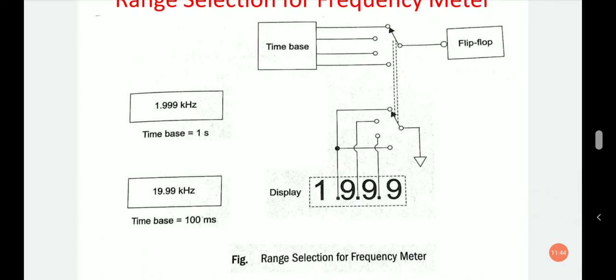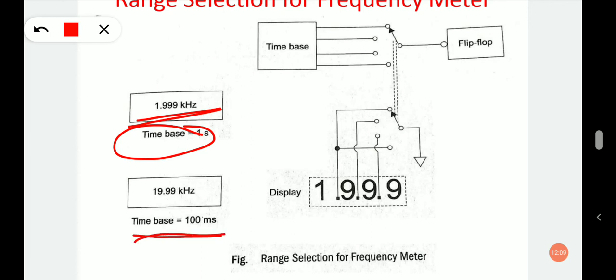If a different range, say 100 millisecond, is selected, the decimal point is shifted to the right, displaying a value of 19.99 kilohertz. For a 1 second time base it is 1.999 kilohertz. If we select 100 millisecond, then it is 19.99 kilohertz.